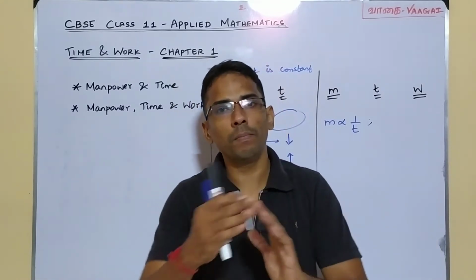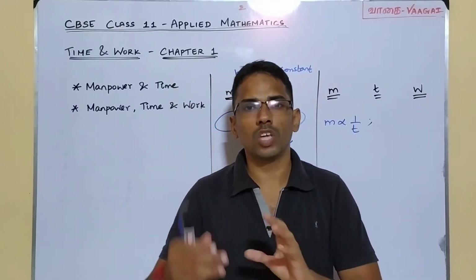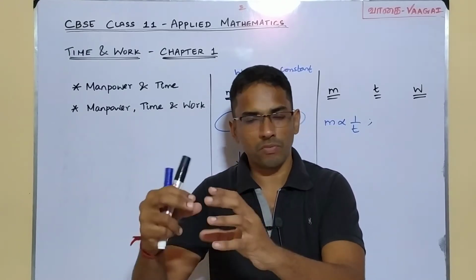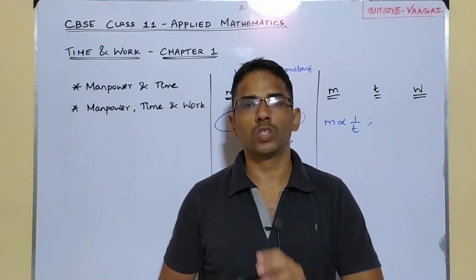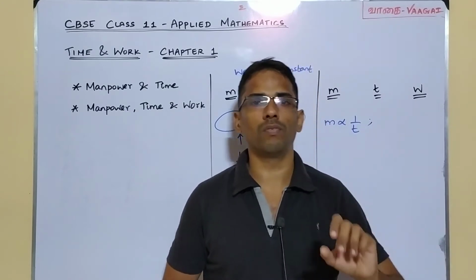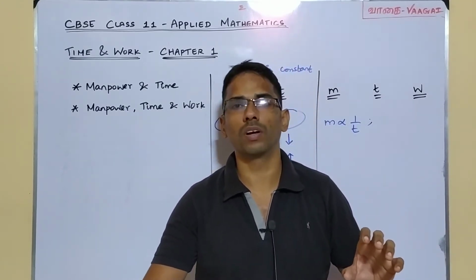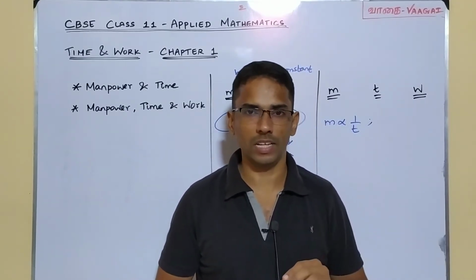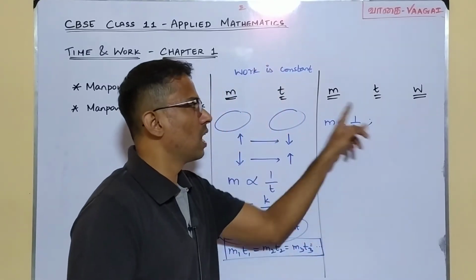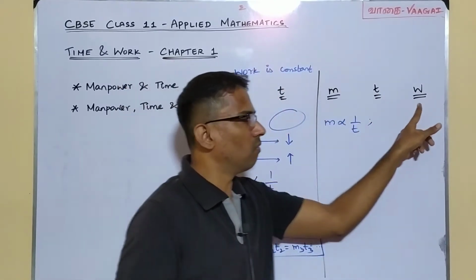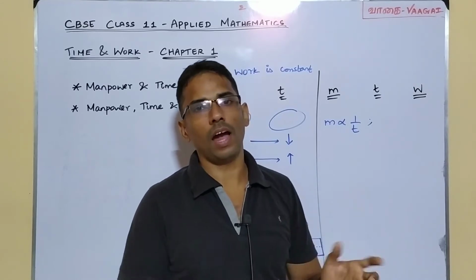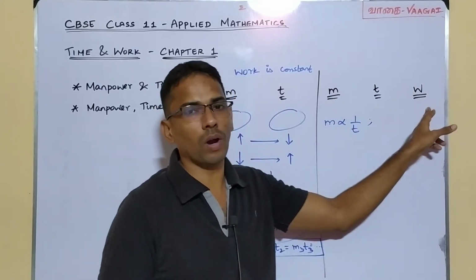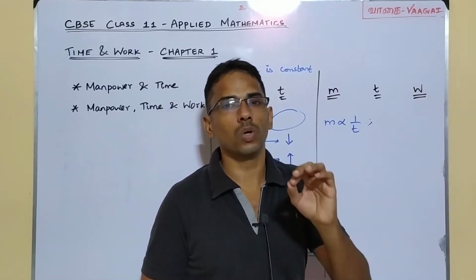And what happens when the manpower decreases? If in the place of 5 people, now there are only 3 people. 5 people can do this much work, then how much work can 3 people do? That work will also decrease. So when manpower increases, work also increases, and when manpower decreases, work also decreases.